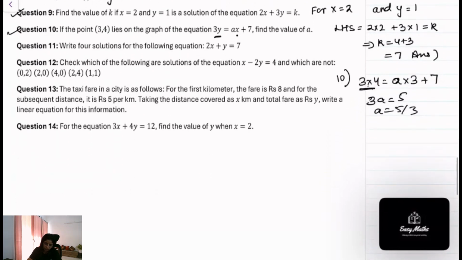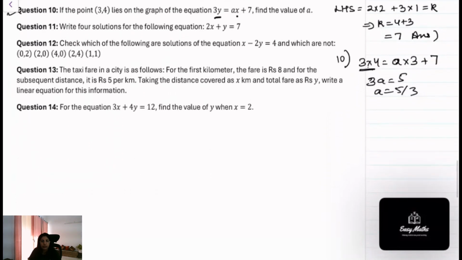Write four solutions of the equation 2x plus y is equal to 7. This is an interesting question. You have to think of values of x and y yourself in this question. So question number 11. Your equation is 2x plus y is equal to 7. It is always advisable that you express one variable in terms of the other to get the answer.